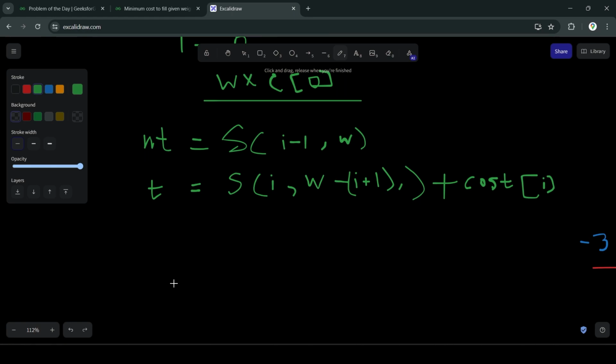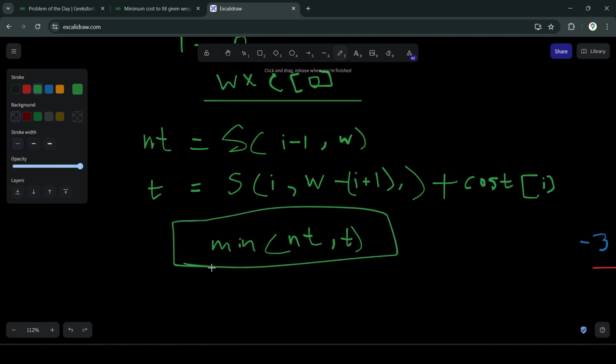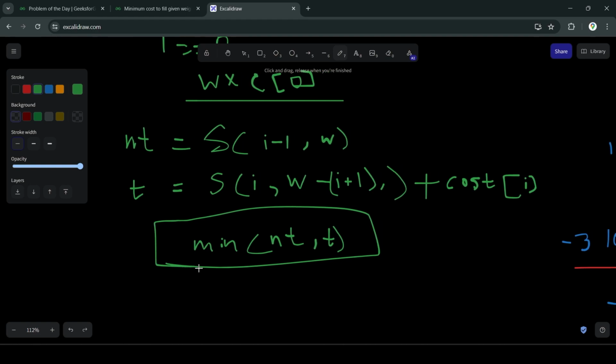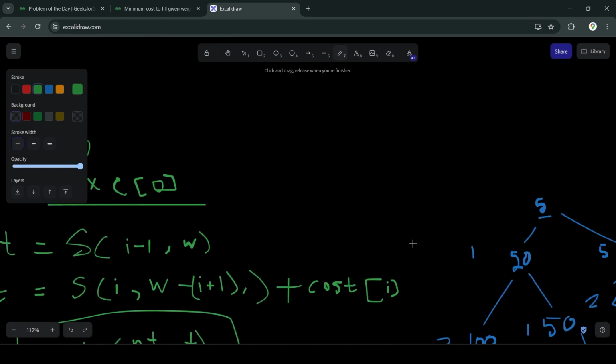Then we have to return the minimum of those, because we already know in unbounded knapsack we always have to keep the cost minimum, and that will be the minimum of non-take and take. We just have to return this value, and then we can apply DP and memoization to optimize this problem.